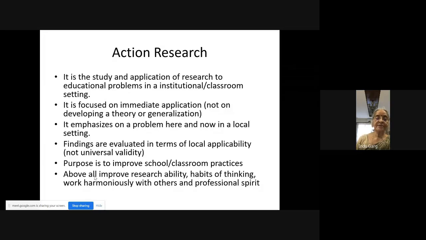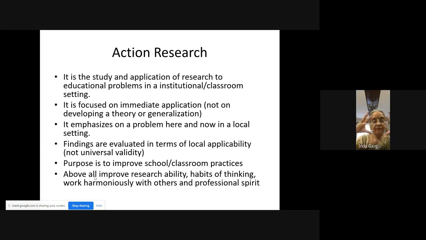So this is what action research does, but above all, it helps you to research and develop your research ability. It helps you to develop your habits of thinking logically. The key finding thing, because if you are not logical and not thinking correctly, we'll be putting a whole house upside down to find that bunch of keys. No, we need to develop a correct habit of thinking.